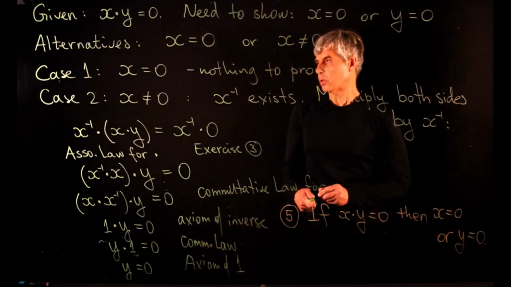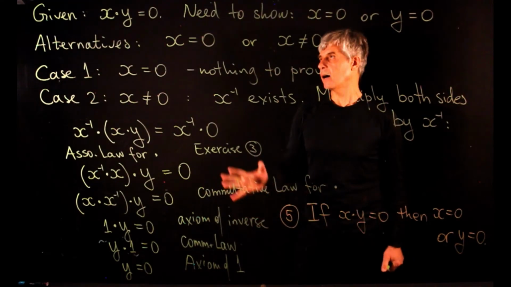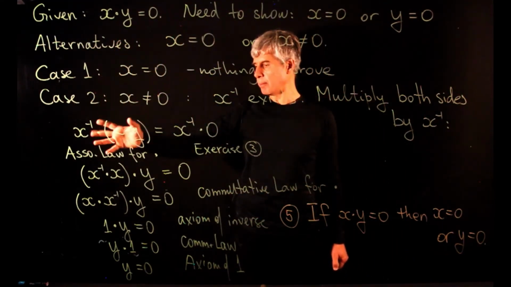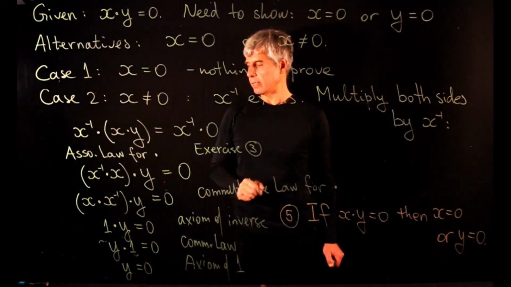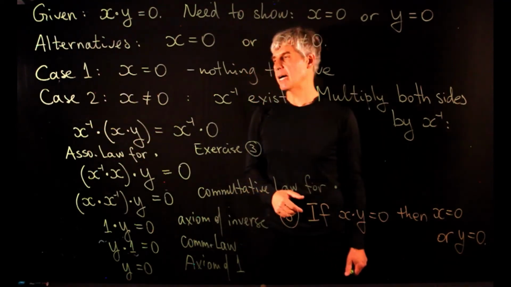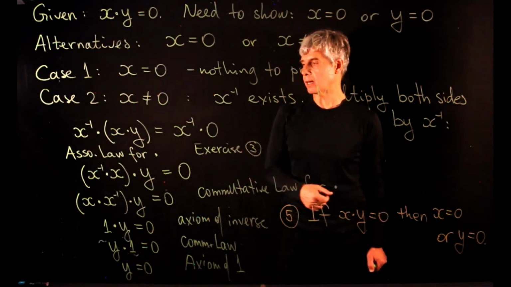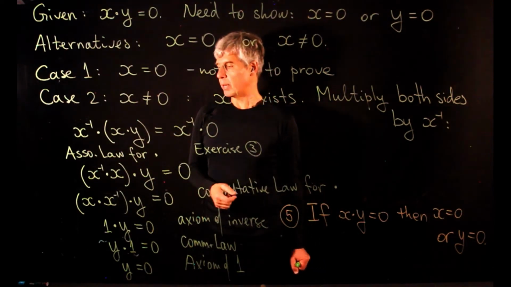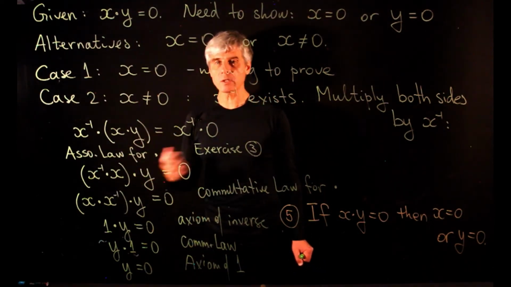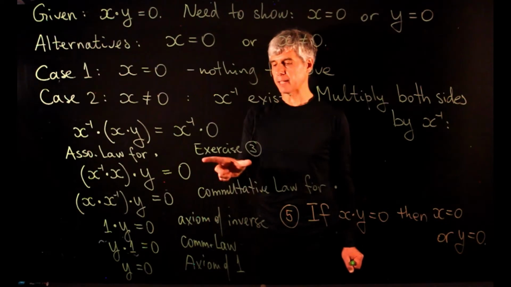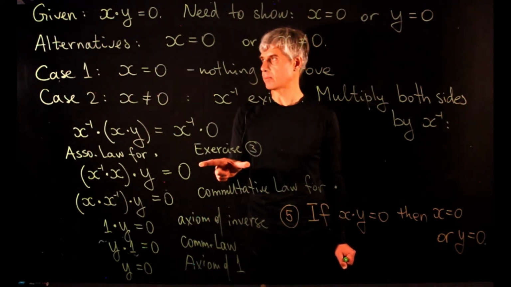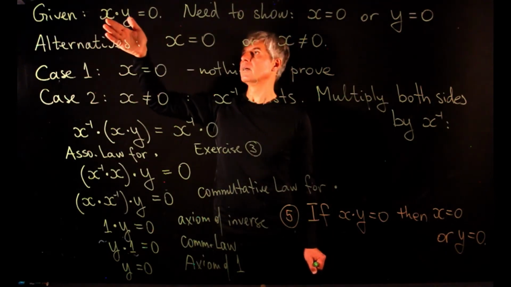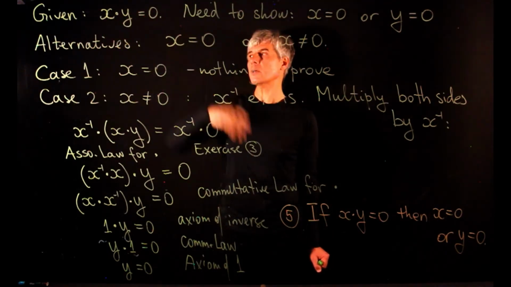All right. So here is an example of how we solve a simple problem by breaking it down into many steps. But the point here is that we can justify every step by referring either to an axiom or to some fact that we have already established. And as a result, we were given that x times y is equal to 0.